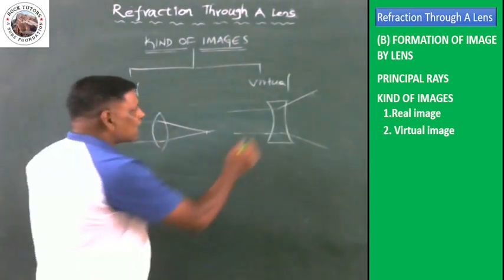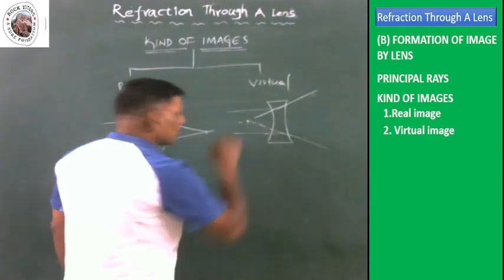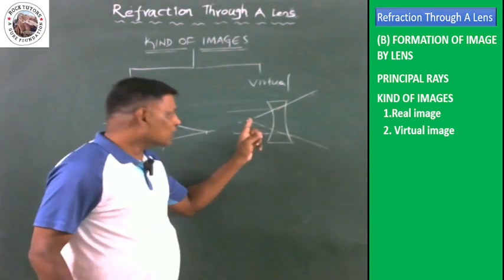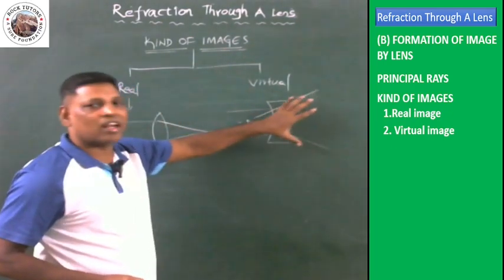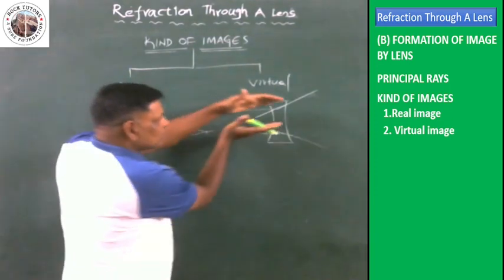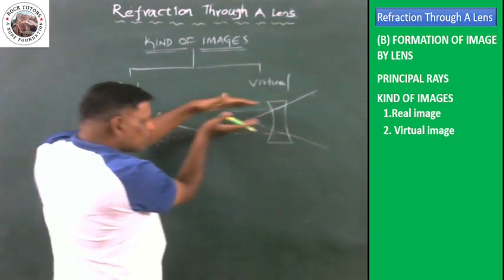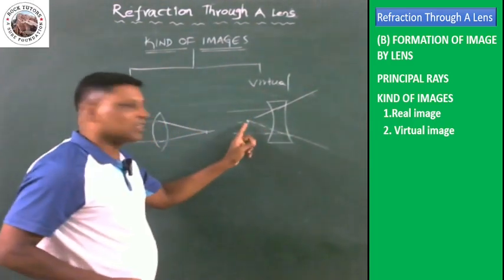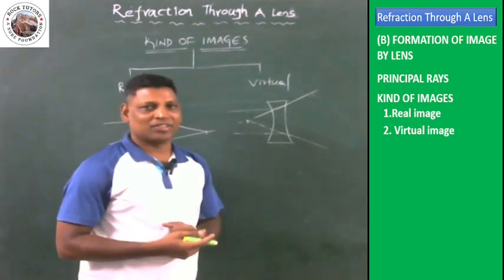If I extend them backward, then they meet here, and the image forms here. These rays are not actually meeting because they are going away after refraction, but I am extending towards the back side. This is called a virtual image.